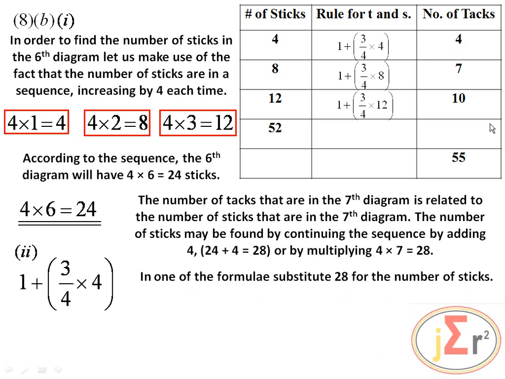There we have just one occurrence of the formula that we have right here. And all we need to do is, in the appropriate place, substitute 28, which is, of course, the number of sticks.